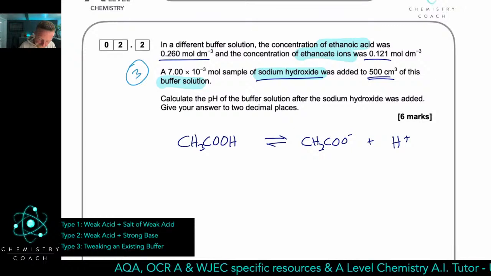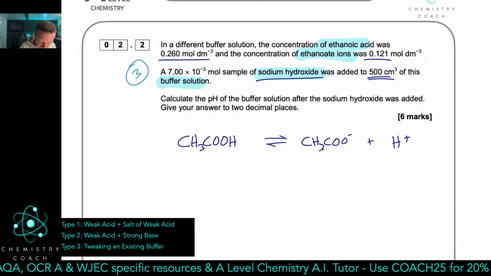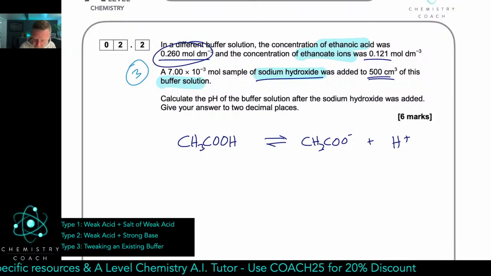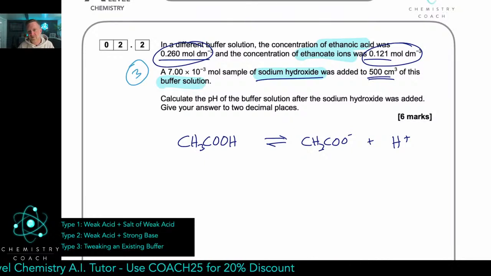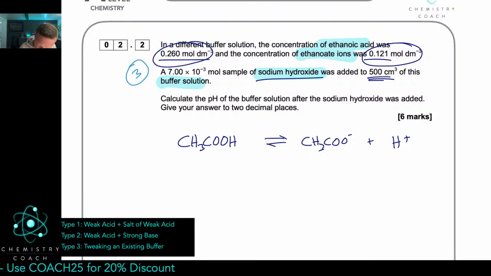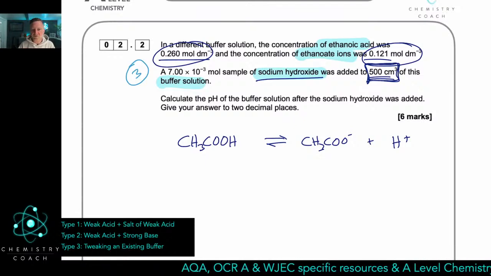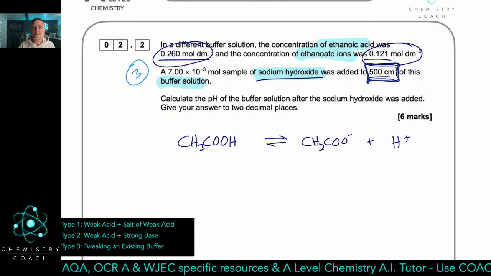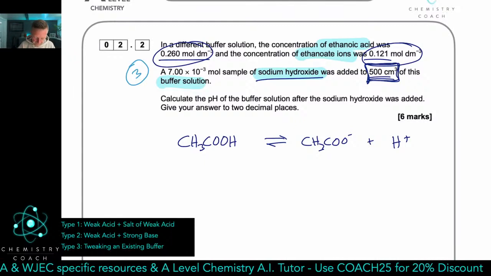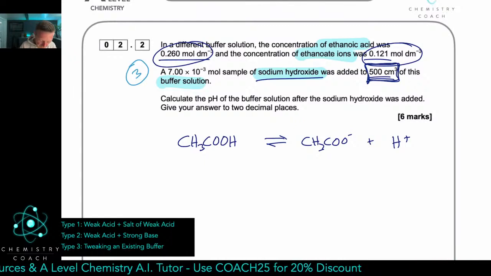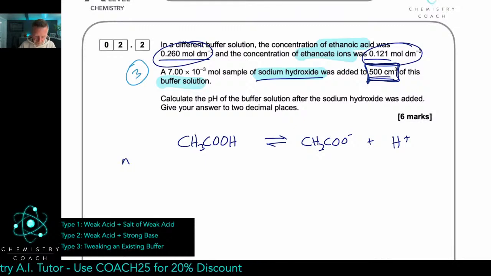Okay. Now, the first thing we need to do, we've been given the concentrations of the ethanoic acid and the ethanoate ions. And we know we're dealing with this volume of this current buffer solution. So what we need to do is find the starting numbers of moles of our weak acid and our ethanoate ions. Obviously number of moles equals concentration times volume.